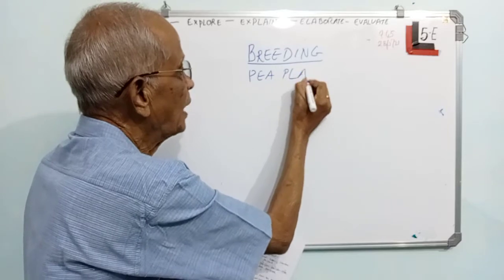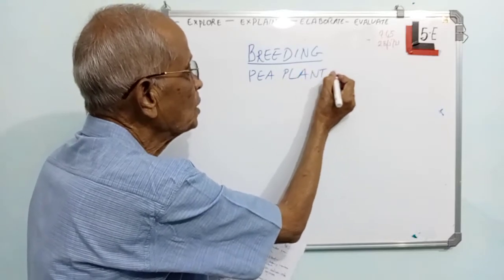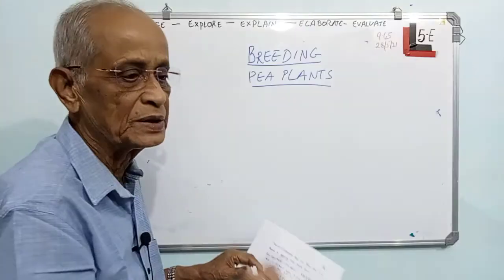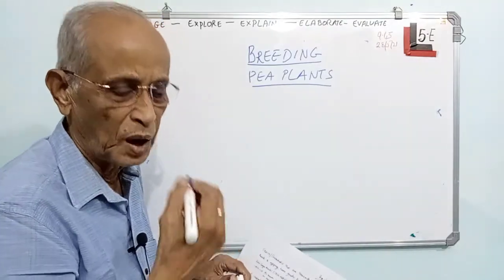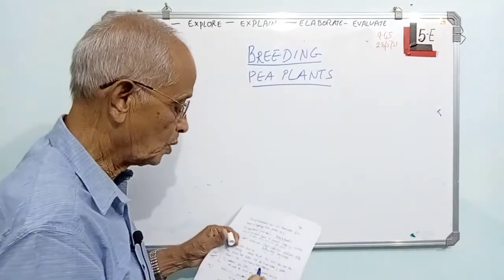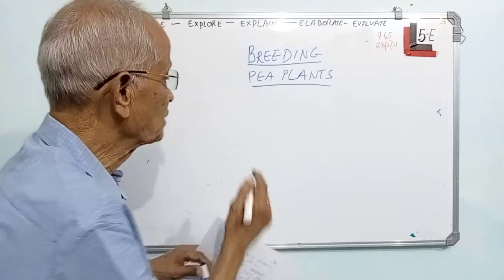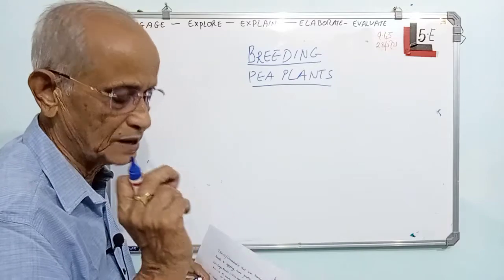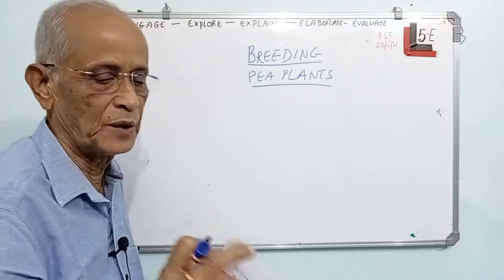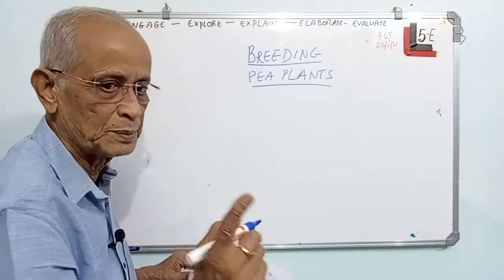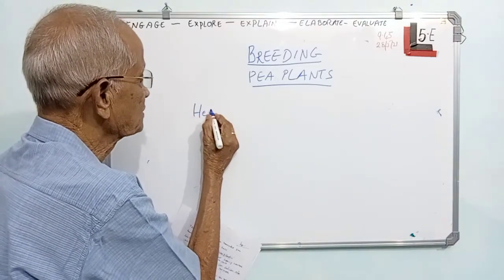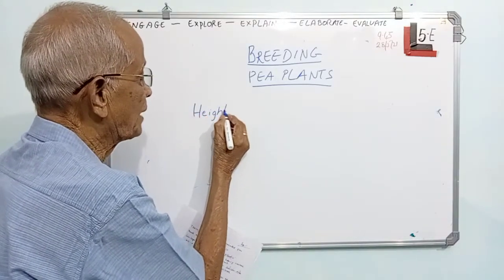Pea plants he took, and he was trying to use his own intelligence to pollinate them. Now, what he did was, he took very, very simple traits. He experimented with all 7 traits, but let us take the example of one trait: the height of the pea plant.